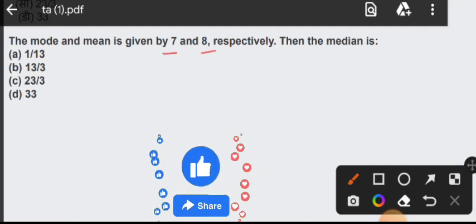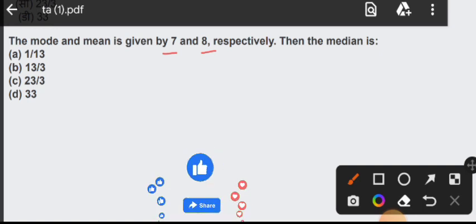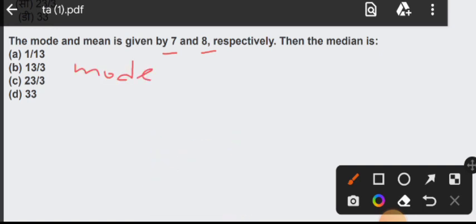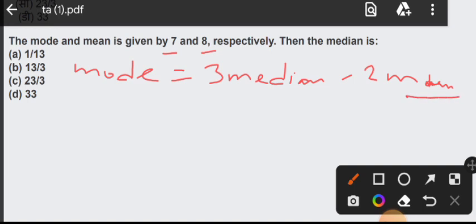So we know the relation of mode, mean and median: mode is equal to 3 median minus 2 mean, as you are familiar with this formula. So we need to find the median.